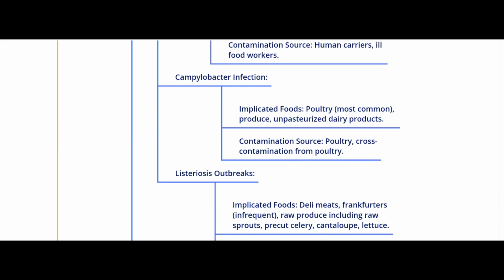Talking about Campylobacter infection, the most common source is poultry, especially undercooked chicken, and unpasteurized dairy products. The cross-contamination is from poultry, and it is found inside chicken intestines.